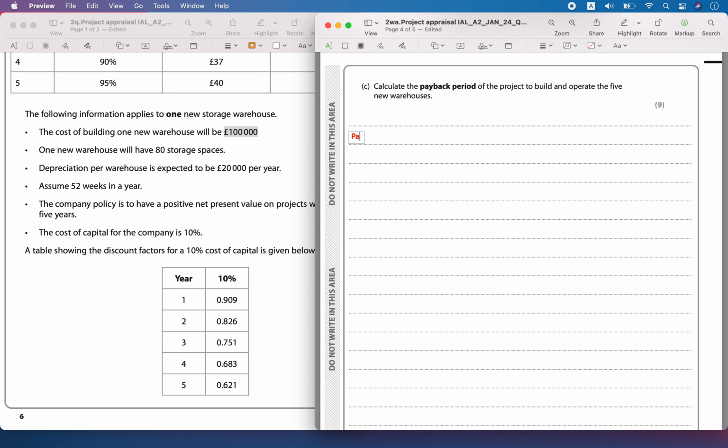Okay, so we will calculate the payback period using the annual net cash flow, and then you will have the cumulative cash flow.